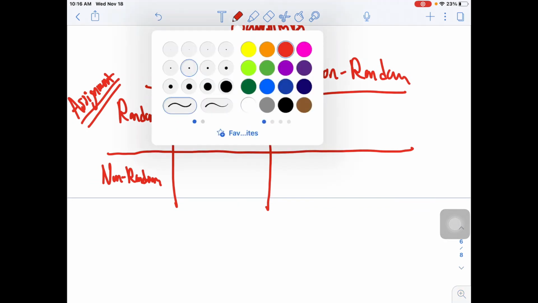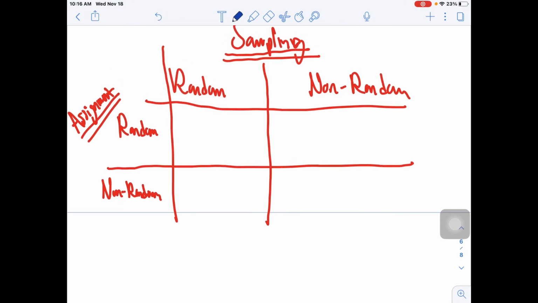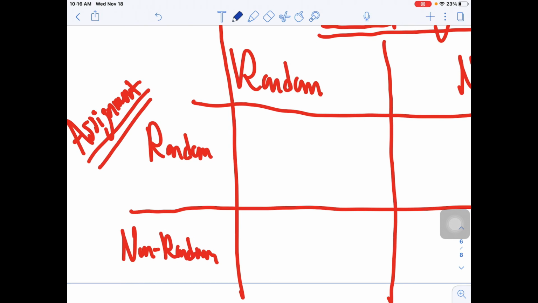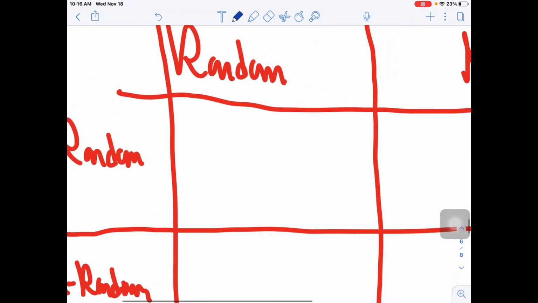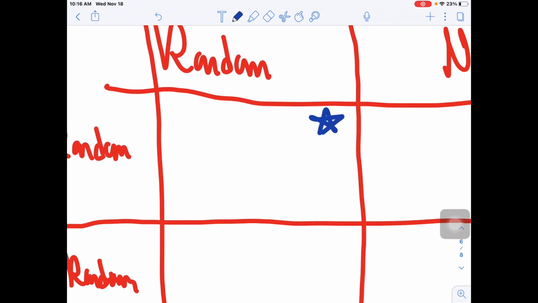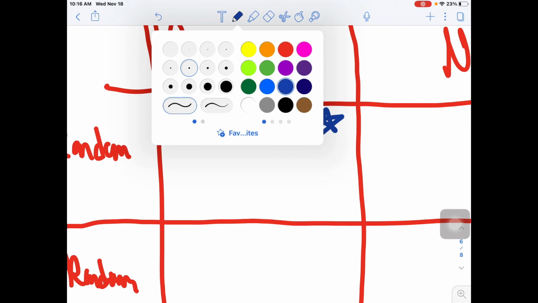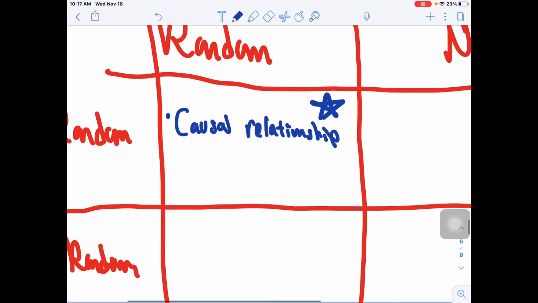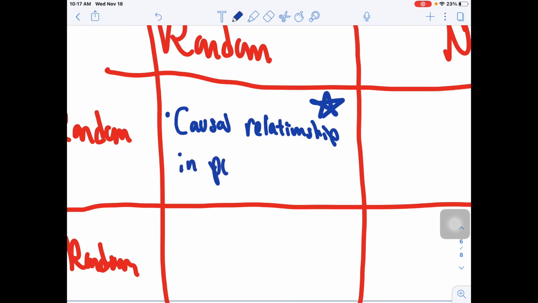Okay, and here's how this affects what conclusions we can make. If we gathered a random sample and we made random assignments, this is the best case scenario. We can establish a causal relationship in the population, which is good, right?